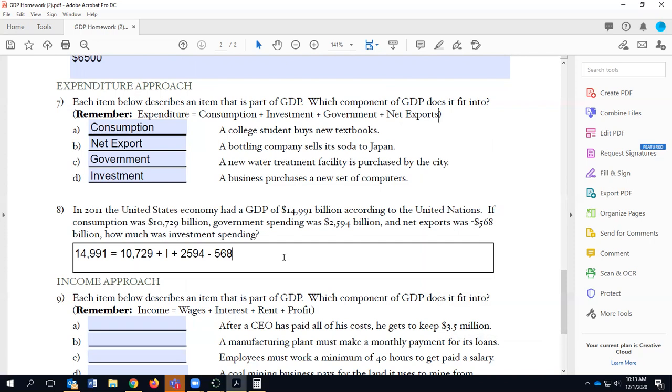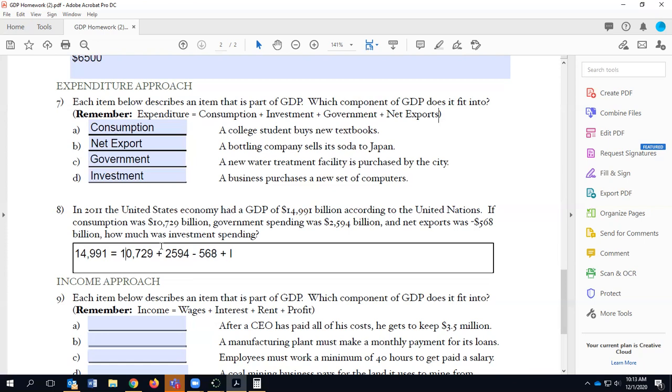Well, let's rearrange. The first thing we're going to do is move this I over here.